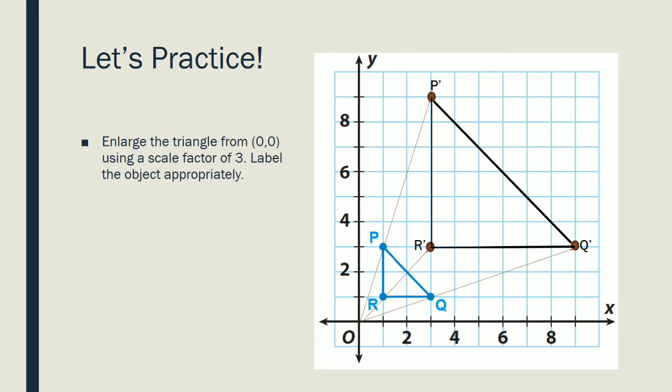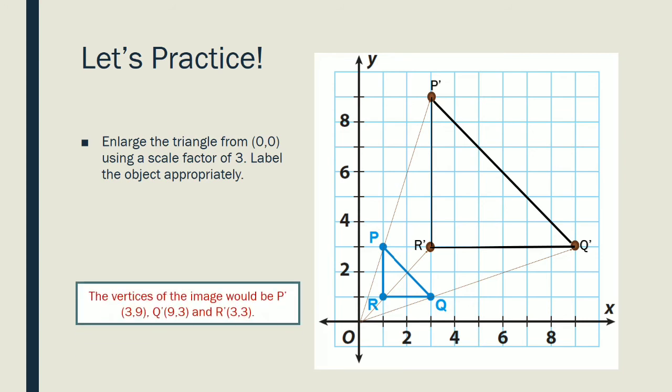This gives 3, 9. The vertices of the image would be P prime, 3, 9, Q prime, 9, 3, and R prime, 3, 3.